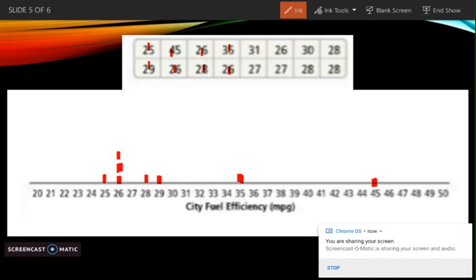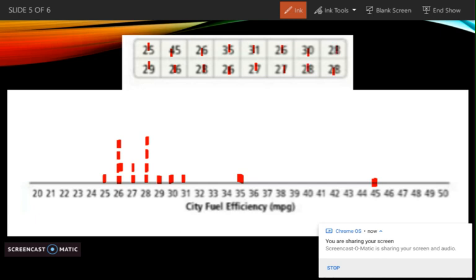So we just keep going up. And 31, 27, 26 again. So we just continue to add to that. And now we're going to do the same thing with 27 and then 30 and then 28, 28, and 28 to end that.